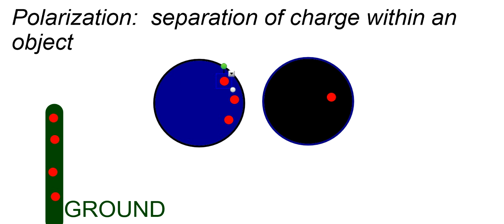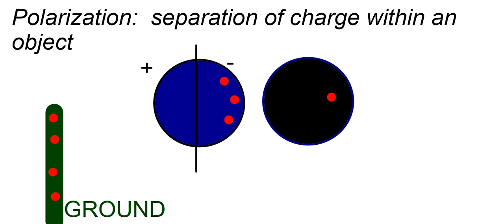In fact, all the electrons are going to rush to this side. That's what this process is called, polarization, where I have created two sides, one with a negative charge and one with a positive charge. With polarization, I basically just separated the charge within a neutral atom.